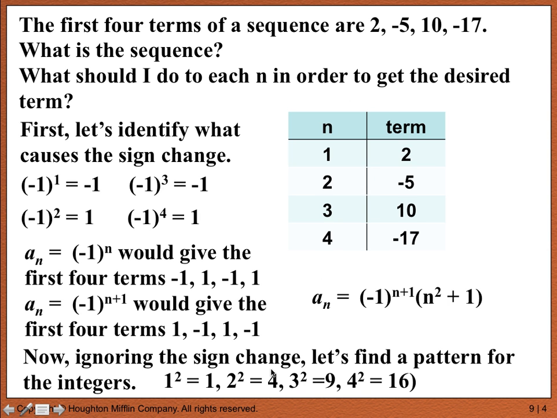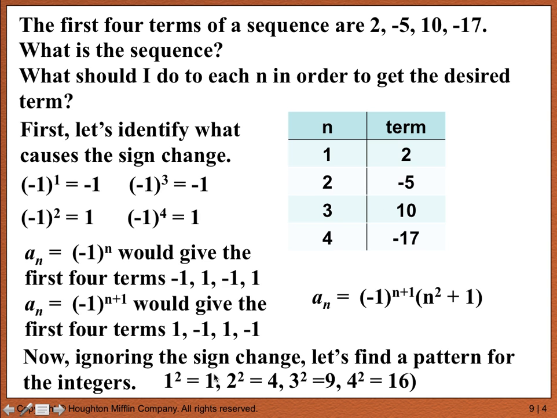That's how I come up with 1 squared equals 1, 2 squared equals 4, 3 squared equals 9, 4 squared equals 16. If we look at this pattern 1, 4, 9, 16, I can see that the way these numbers vary from the absolute value of the right-hand column of the table is just the square plus 1.